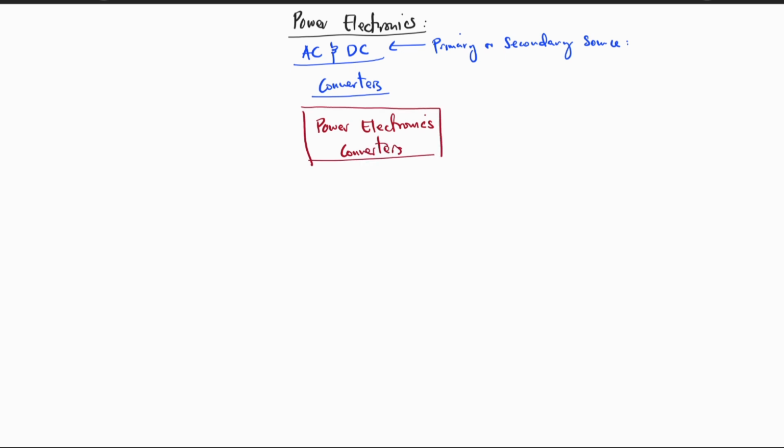And these power electronics converters can be further broken down into AC to DC converters, and we have DC to DC converters, and we have DC to AC converters, and we have AC to AC converters.